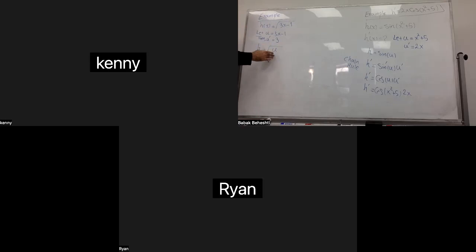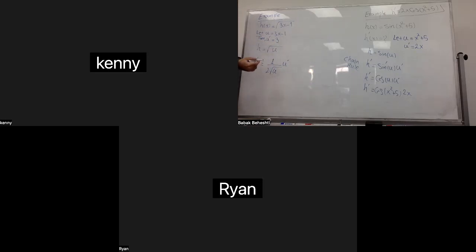If I want to write h in terms of u, it's just square root of u. Remember f of u: here f is the square root. So h prime is equal to, if f of x is the square root of x, what would be f prime? One over 2 times square root of u. Then times u prime.